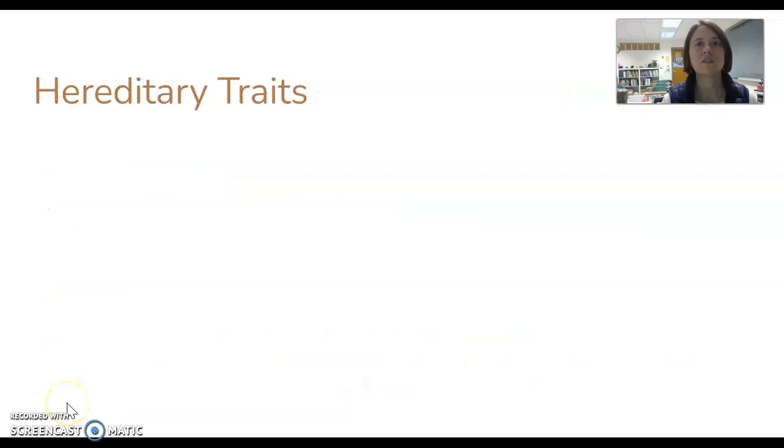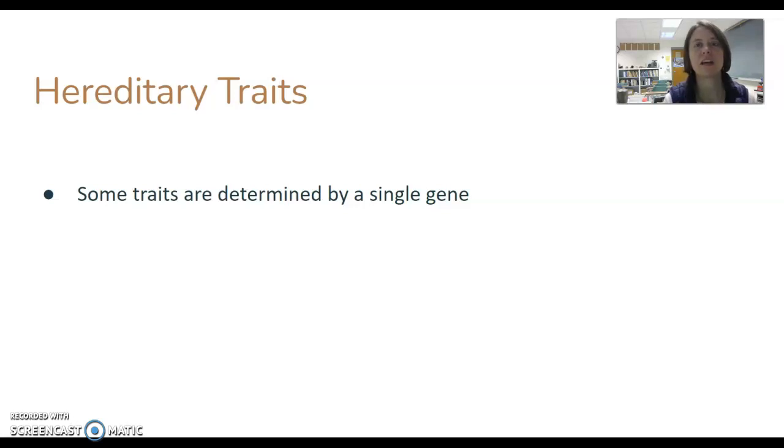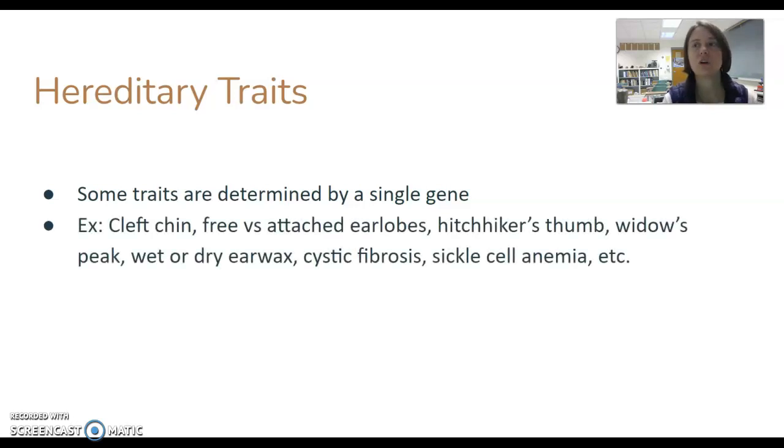Let's talk about some different types of hereditary traits. So some hereditary traits are determined by a single gene. Some examples are a cleft chin, free versus attached earlobes, hitchhiker's thumb, which I do not have, a widow's peak, which is where your hair kind of comes down to a little V. I don't have that.